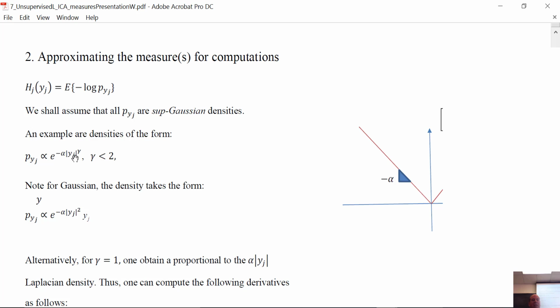If this is zero mean, you don't have to subtract anything, and really what's key here would be the power. If this power gamma equals 2, this is the expression for Gaussian, which is the reference. If this gamma is less than 2, then this exponential expression renders the density super-Gaussian, which means it's going to have a peak at the origin, and a heavy tail that dominates the Gaussian distribution.